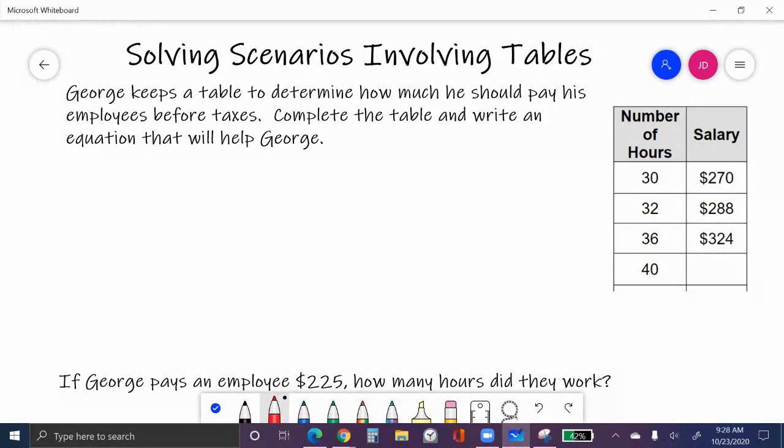So when the salary goes up, it looks like it's going up 18 here, right? And this is going up 2.